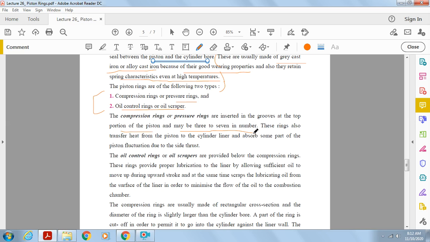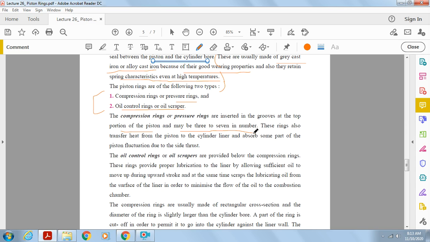You can remember that in a previous lecture, perhaps lecture number 23 or 24, I showed you the different types, basically the trunk type piston.